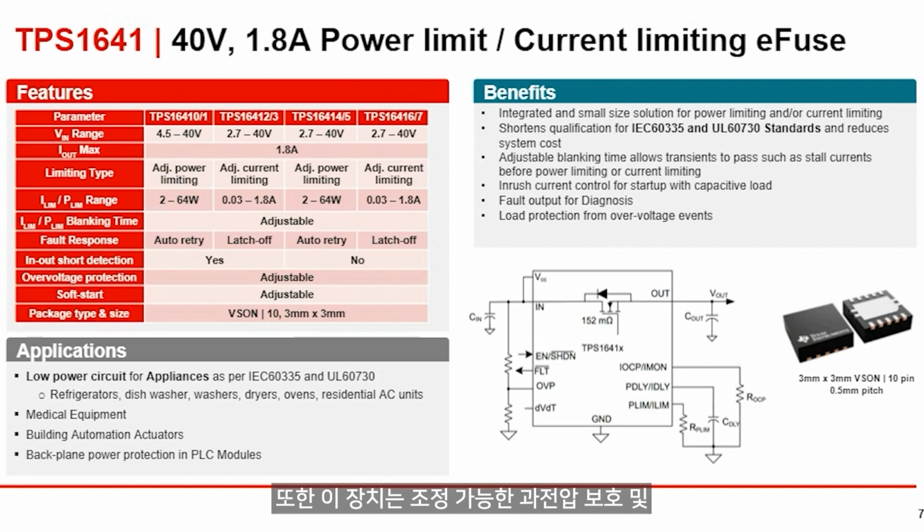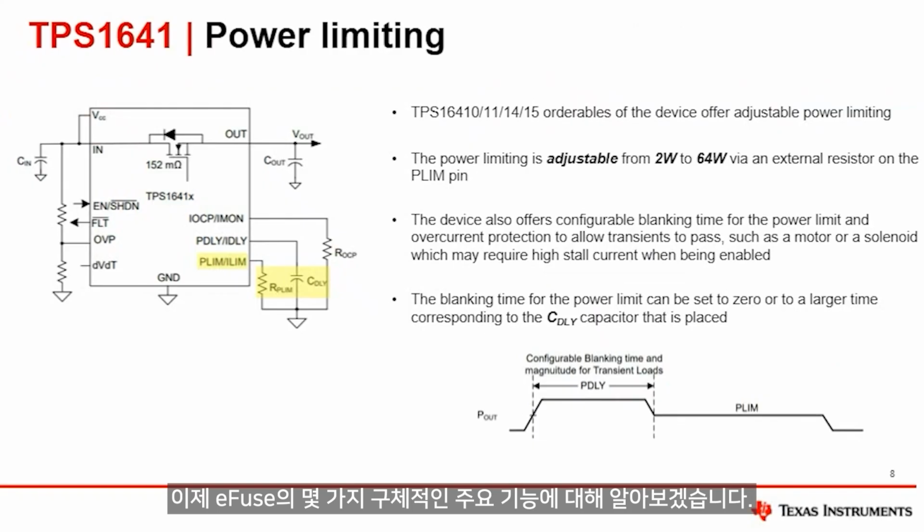The device also offers versions with in to out short detection, as well as adjustable overvoltage protection and soft start. The device is available in a 3mm by 3mm VSON package with 0.5mm pitch. Now we'll go into some of the specific key features of our eFuses.